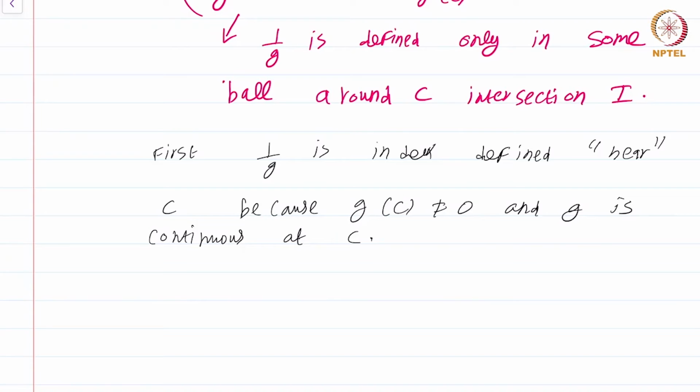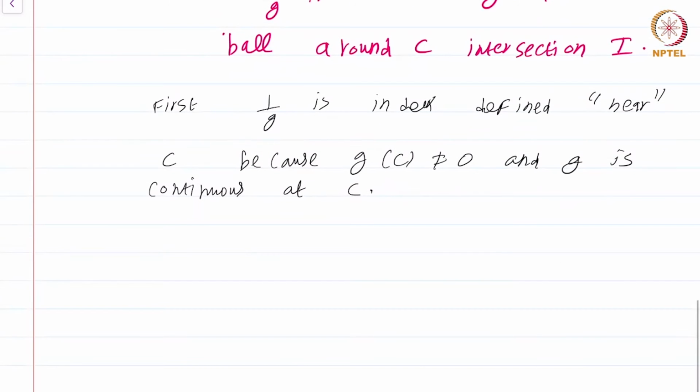Because of the epsilon delta definition of continuity and the fact that g of c is not 0, we can find some small enough ball around c such that the value of g on that ball intersect I will also be not 0. This just follows from continuity and the epsilon delta definition. And 1 by g is indeed going to be well defined there. But we cannot say far away from this point c whether 1 by g is going to be well defined.